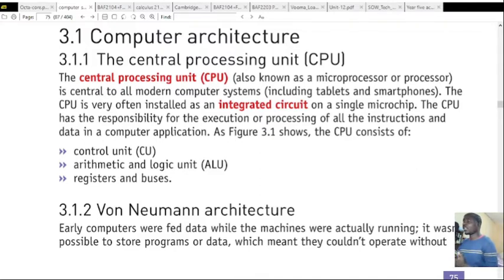Now, looking at the central processing unit, it is the brain of the computer, a single microchip that is very important, and it comes in different forms and sizes depending on the device that is going to use the CPU.